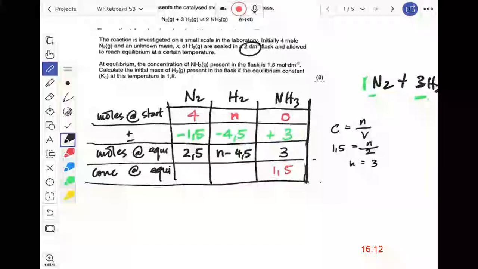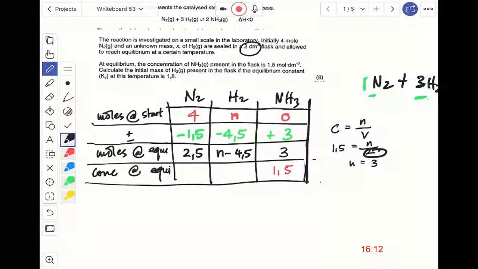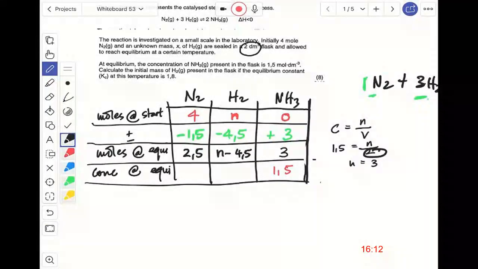Since the volume is 2, I use the moles and I divide by 2 to get the concentration. So that is 1,25, and that is N minus 4,5 divided by 2.